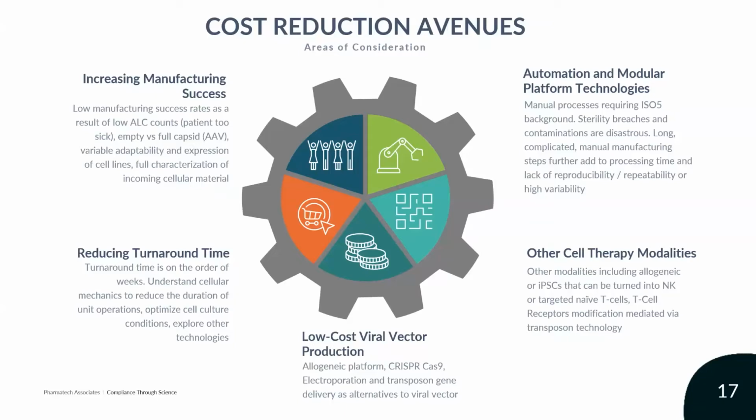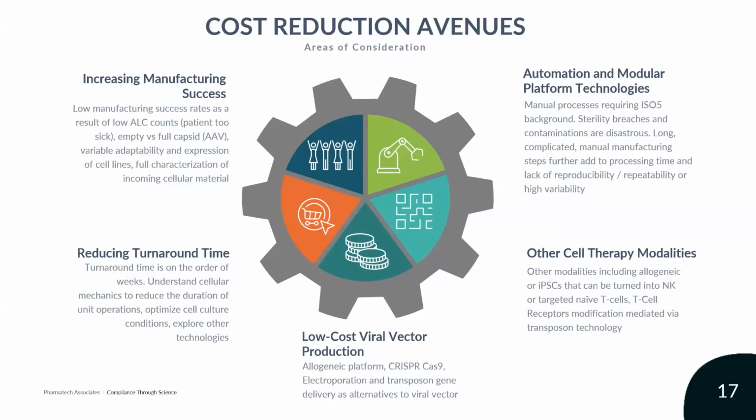And then some of the other things that I'm really concerned about is how do we shorten this duration that's on the order of weeks right now? So understanding cellular mechanics, understanding what is amenable to transduction, activation, and then in the case of cell and gene therapies, what is the balance that you can reach as far as getting higher viral genome titers while controlling footprint and controlling the turnaround time.